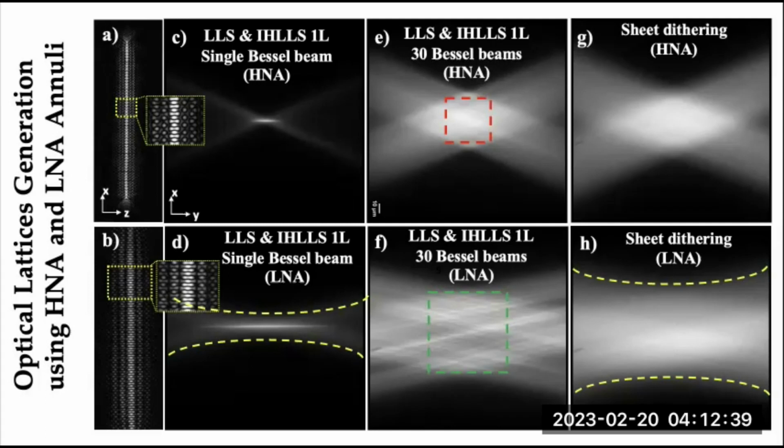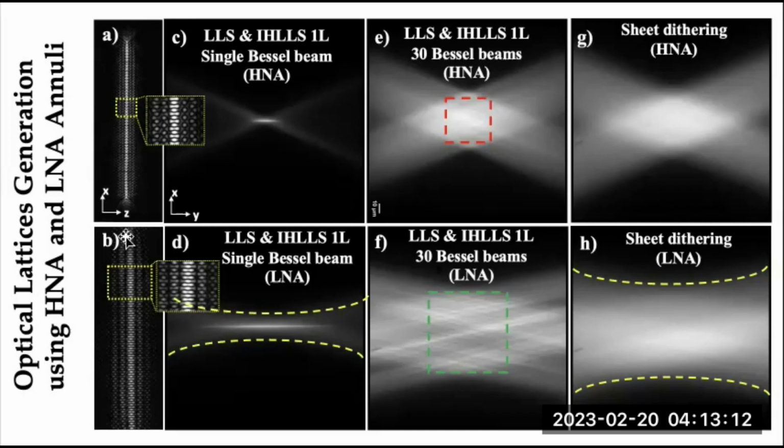The spacing between each pair of Bessel beams can also be adjusted to balance the confinement and the thickness of the lattice. Here, the upper row shows the optical lattice generated with high numerical aperture, and the bottom row shows the optical lattice generated by the lower numerical aperture annulus.